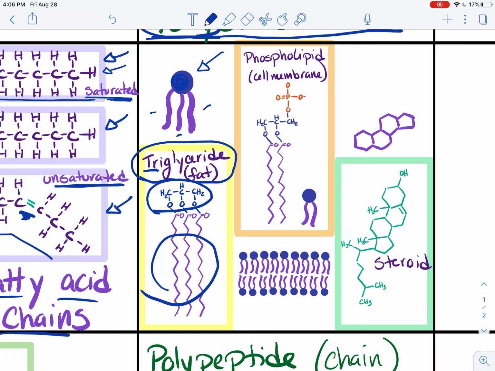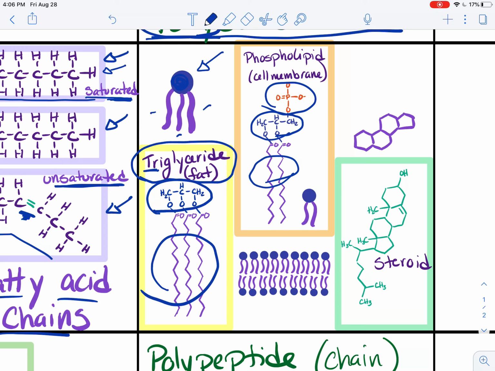Another way we could put together these monomers is the phospholipid, the one boxed in orange. Here I see my glycerol. Instead, I have only 2 fatty acid chains, but on top of that, I've added an additional group. That's just a phosphate group up there, and we'll talk more about what that is important for when we get to the cells.